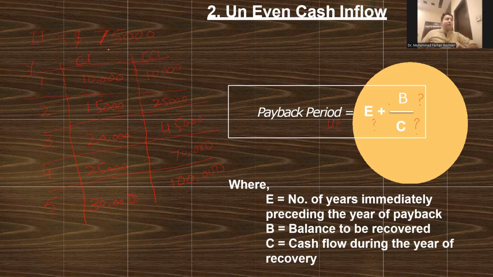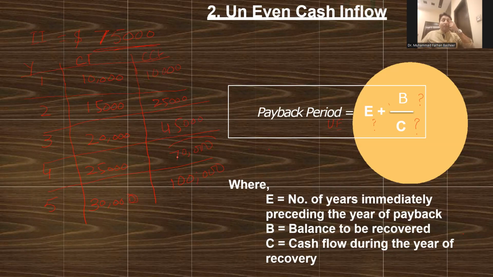So now our initial investment was 75,000. If we check the cumulative cash flow, we have recovered 70,000 by the end of the fourth year, and the remaining amount, which is 5,000, is yet to be recovered.